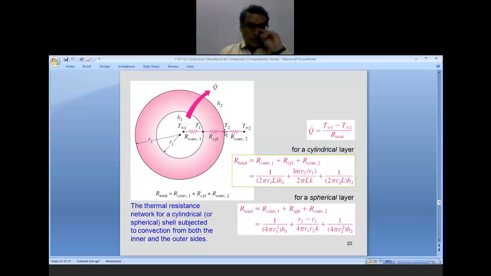So the total resistance, when you take into account the temperature difference between T infinity 1 and T infinity 2, R total will be R convective 1, R cylindrical, and R convective 2. This R convective is 1 upon H into A, where area will be 2 pi R into L.